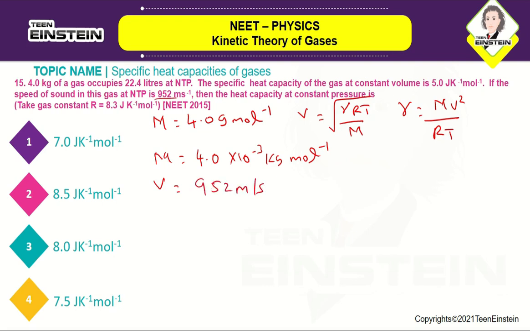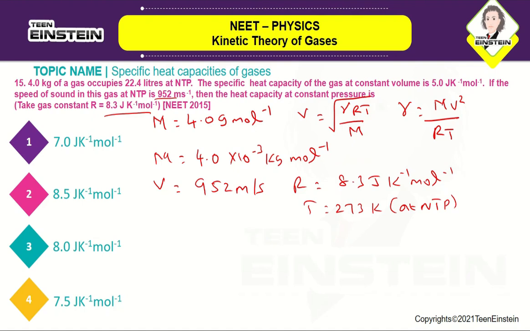So here they have given the speed of sound, and R value they have given in the question as 8.3 joule per Kelvin per mole, and T value is 273 Kelvin at NTP.